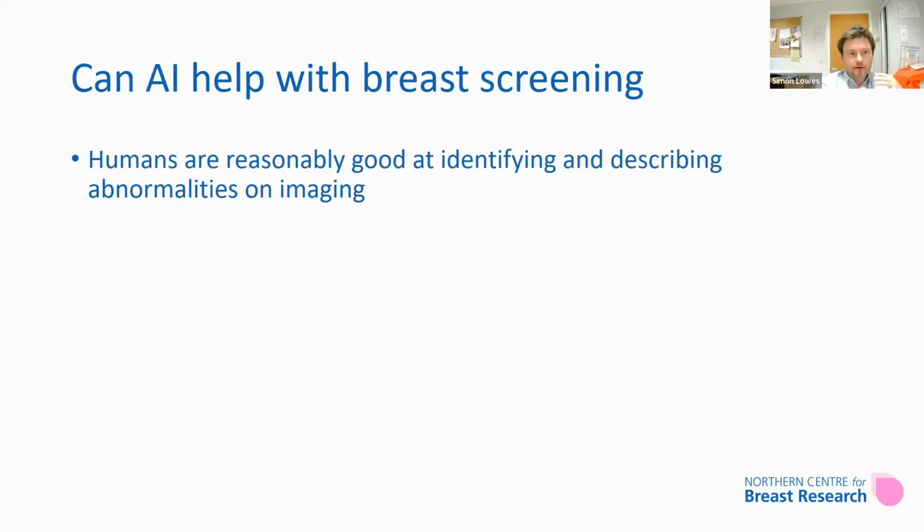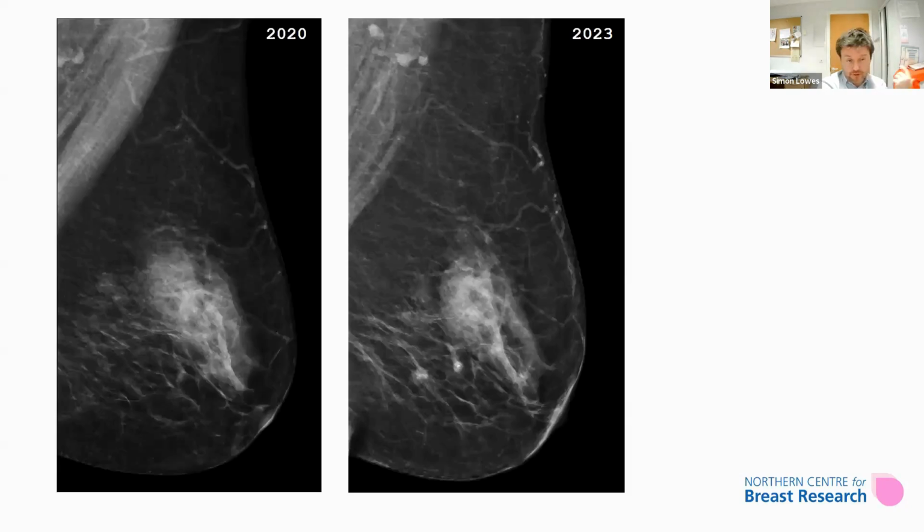So when we're thinking about AI and we're thinking about breast screening, how can that help us? Because we're reasonably good as humans at identifying abnormalities and deciding whether they're suspicious or not and warrant recall. So, for example, this is a mammogram on the left of a left breast of a lady in 2020.